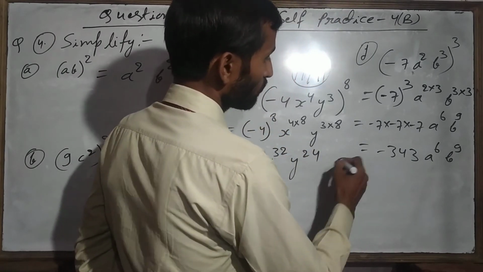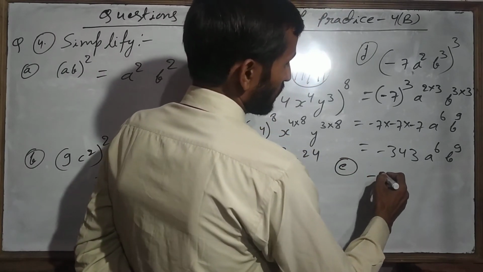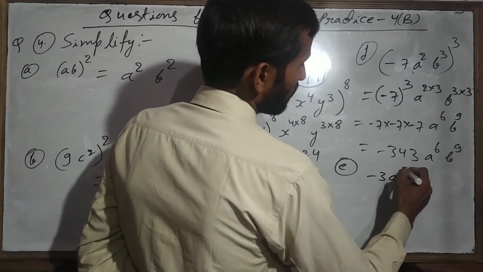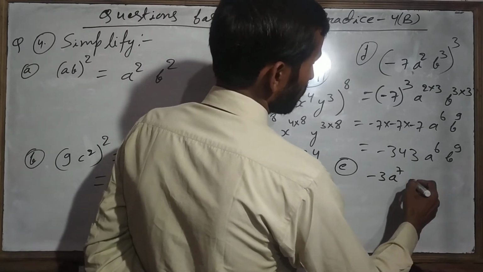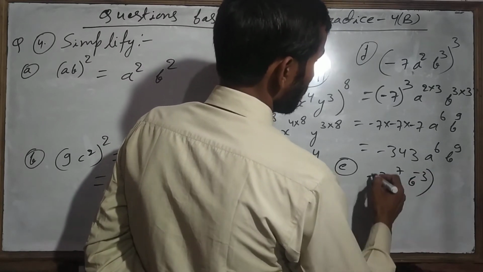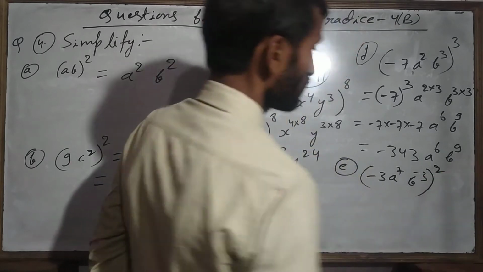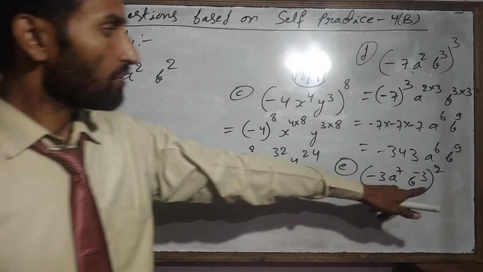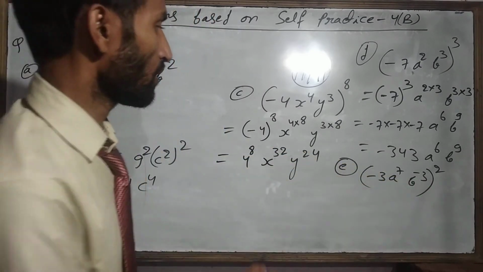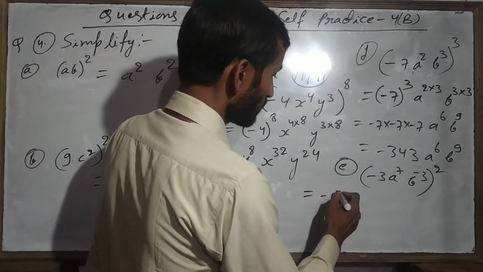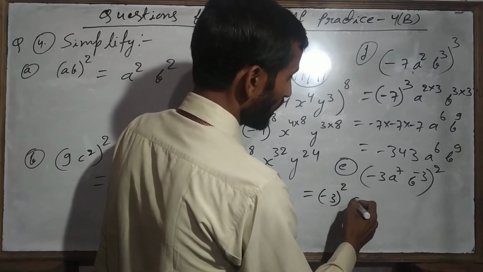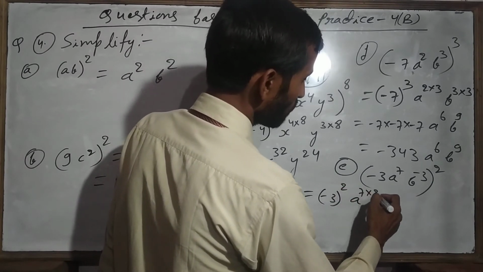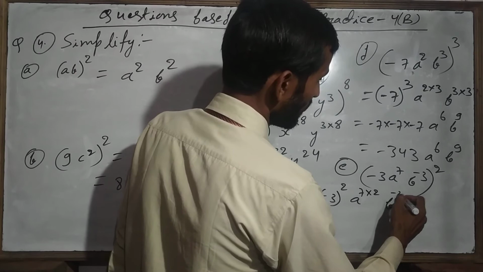Now you can take one more example, minus 3 a power 7 b power minus 3, and whole power 2 is there. Now what will we do in this case? Again we can do like this: minus 3 power 2 will come, a power 7 into 2 will come, and b power minus 3 into 2 will come.